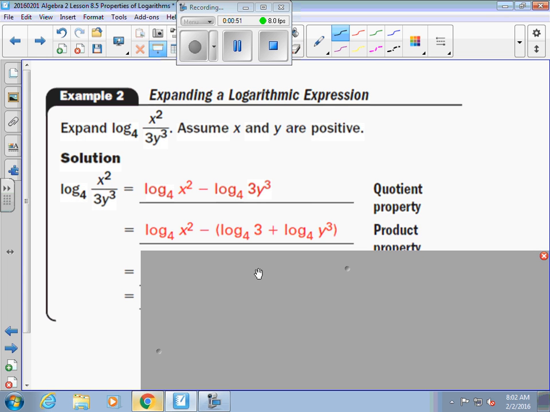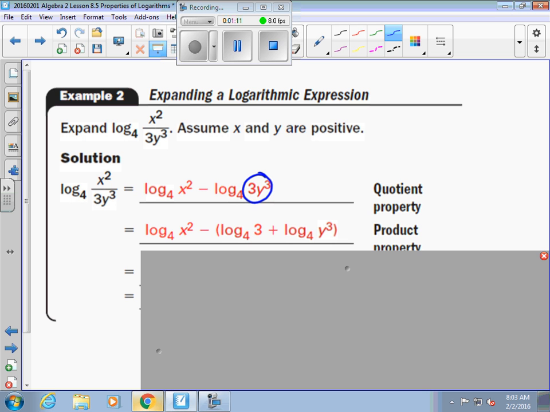The next thing you want to do is separate this here. You have multiplication happening here, 3 times y to the third. Just like we separated division by subtracting, now you separate multiplication into addition.